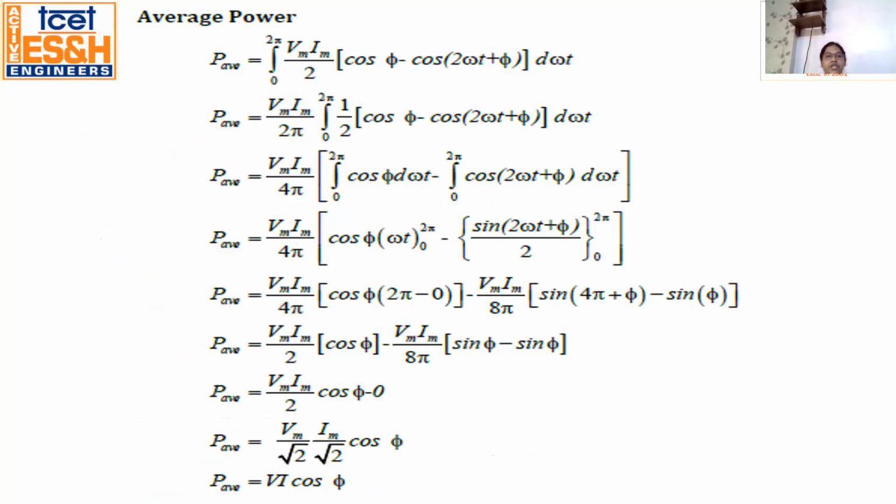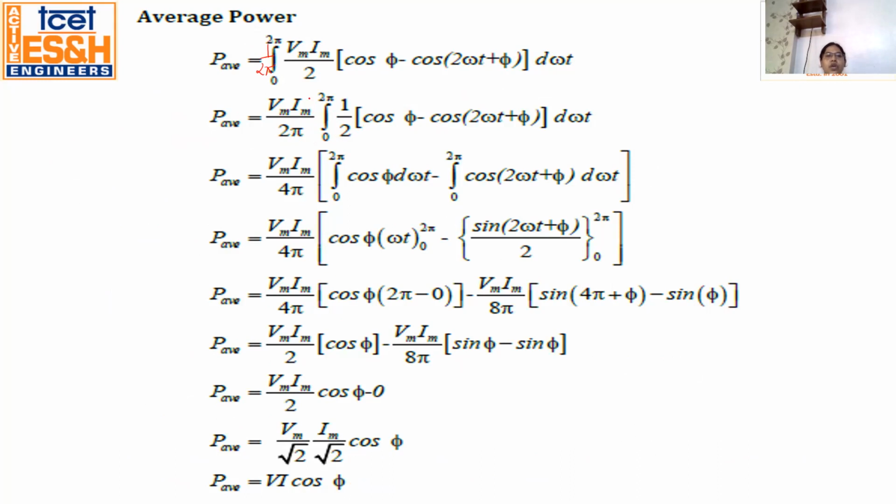Now for calculating the average, we directly take the equation from 0 to 2 pi. So Vm Im by 2 multiplied by cos phi minus cos of 2 omega t plus phi, d omega t. Actually, here 1 by 2 pi is missing. So this is the equation for the average power.